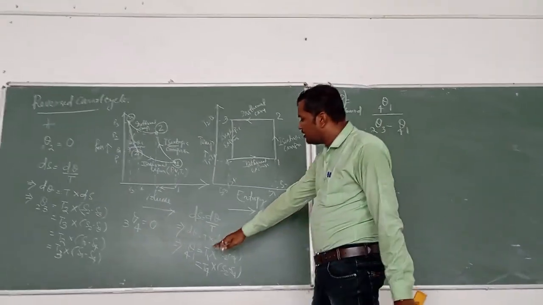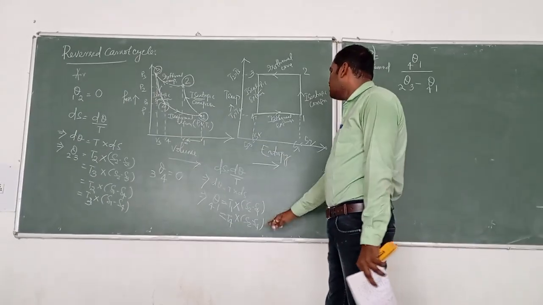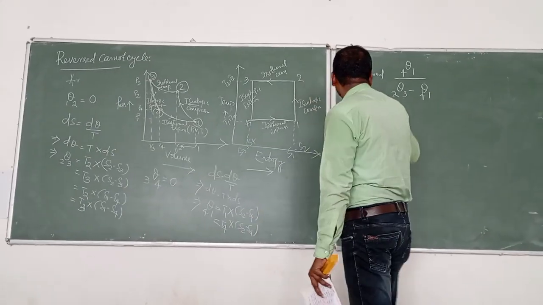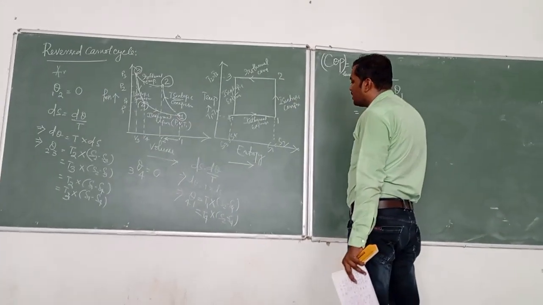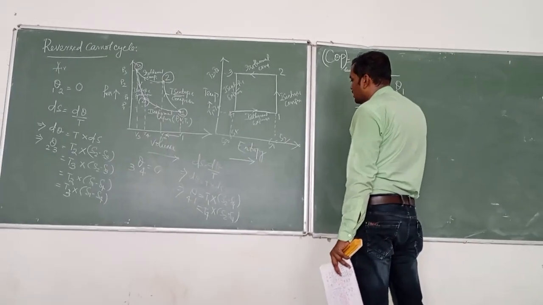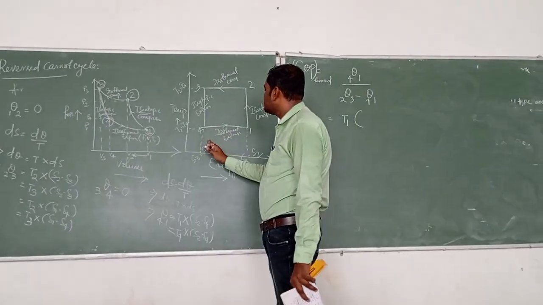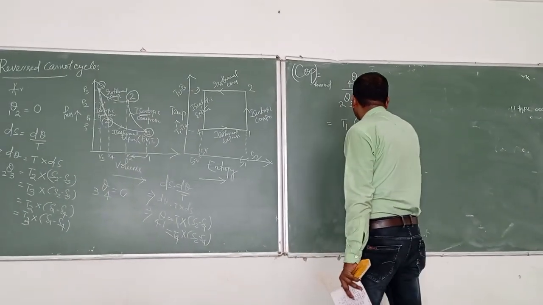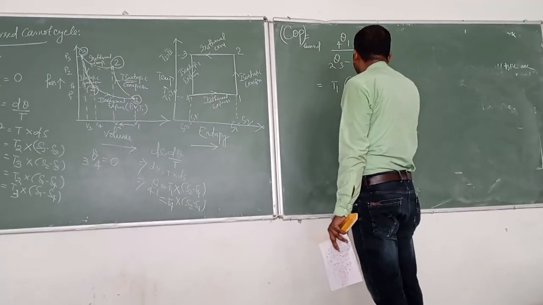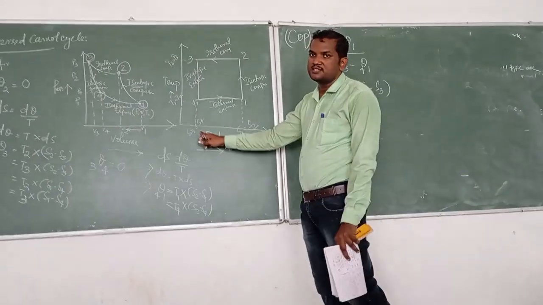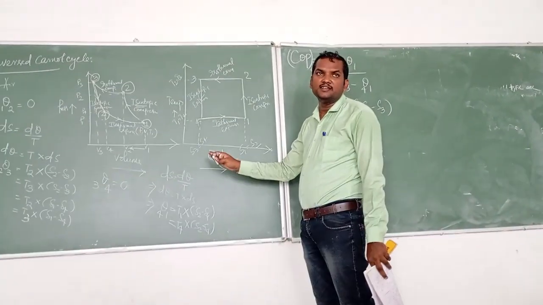Here already I have written Q4 to 1 is equal to T1 into this much. We can write S2 minus S4 and S2 minus S3 in one term so it is easy to cancel.